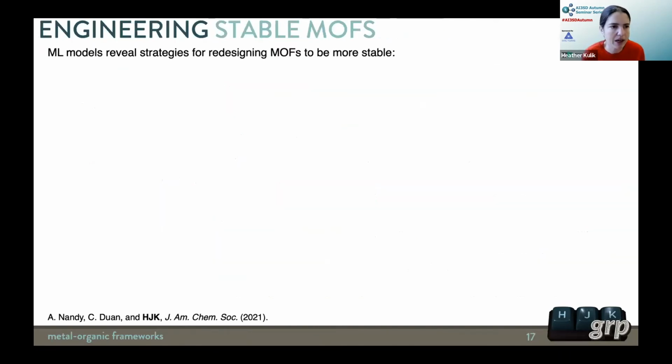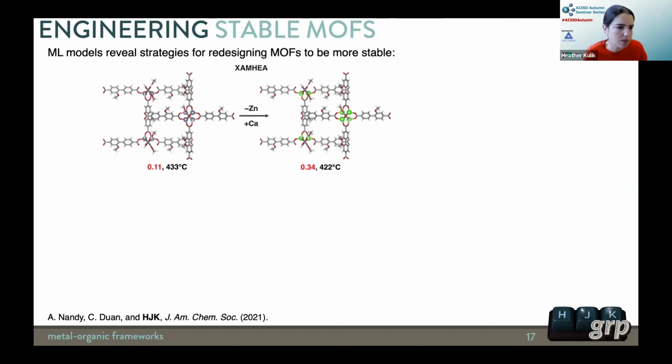But another thing we might ask is, can we use these ML models to reveal strategies for redesigning the MOFs to be more stable? And so, for instance, a typical heuristic might have told us that if we wanted to make the solvent removal stability better, we could replace the zinc centers at the SBUs with calcium. Our ML models know that this won't do anything.